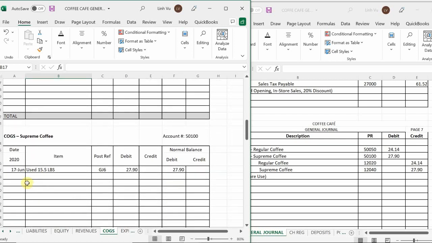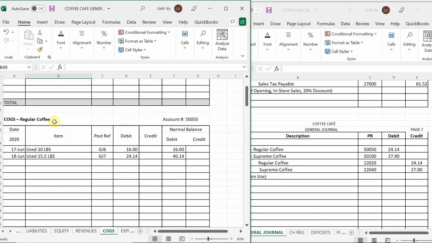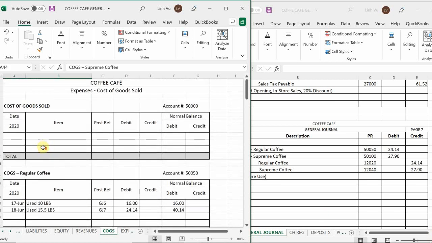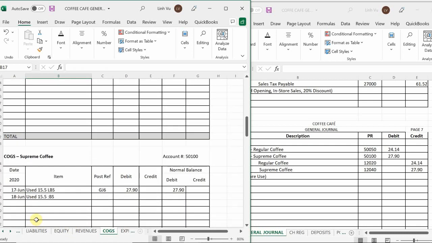All right, coming down here to Supreme coffee. We used 15 and a half pounds. I think I messed one up there. I think it's only 15, not 15 and a half. And this one is 15 and a half pounds.